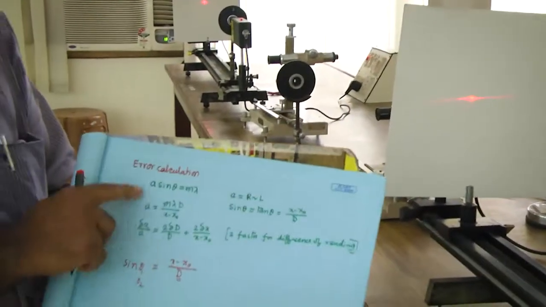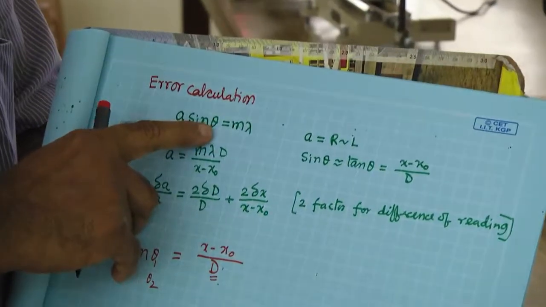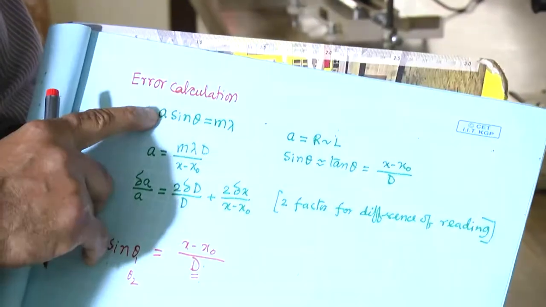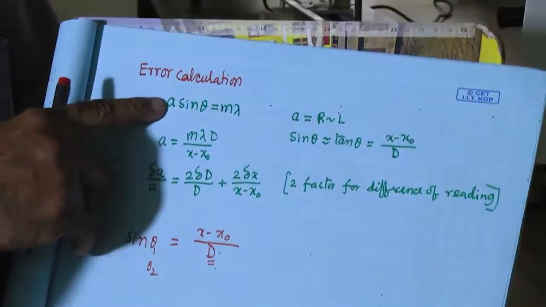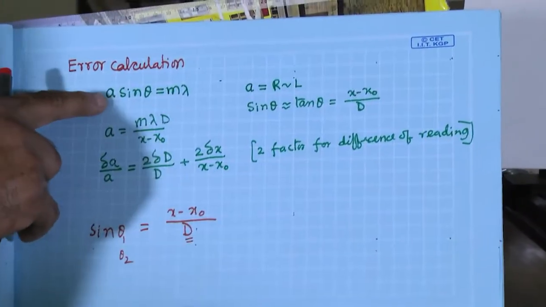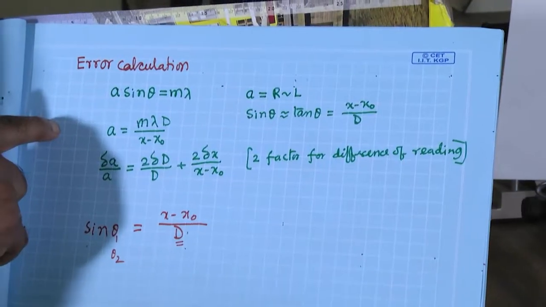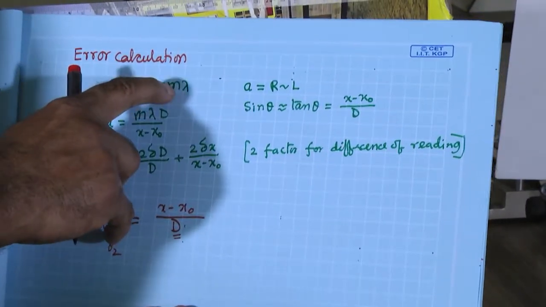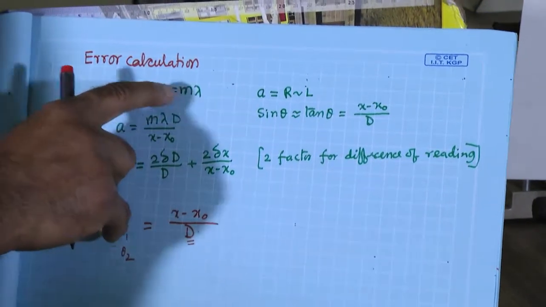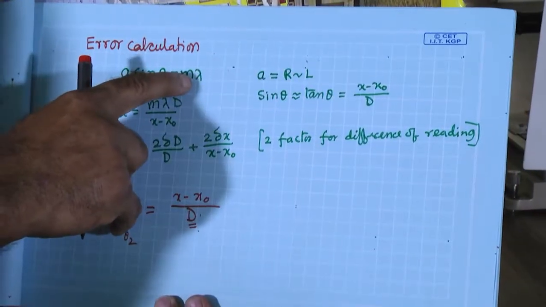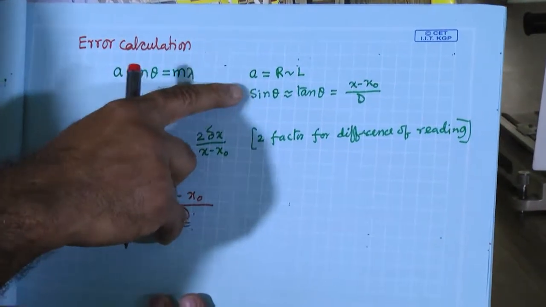Also, that theta will depend on a, the slit width, right. If a is increased or decreased, the position of the order will change.